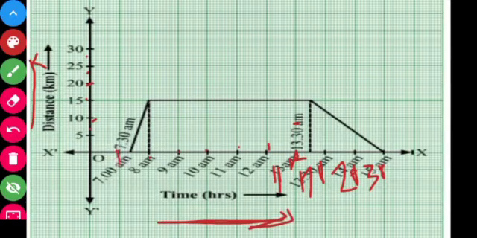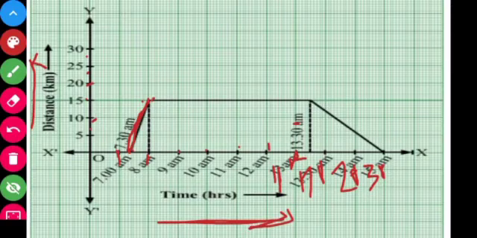So she started her journey at 7:30, between 7 and 8 here. She went with uniform speed, so draw a straight line up to 15 km, because the distance of her school was 15 km. She reached at 8 a.m. because she took half an hour.